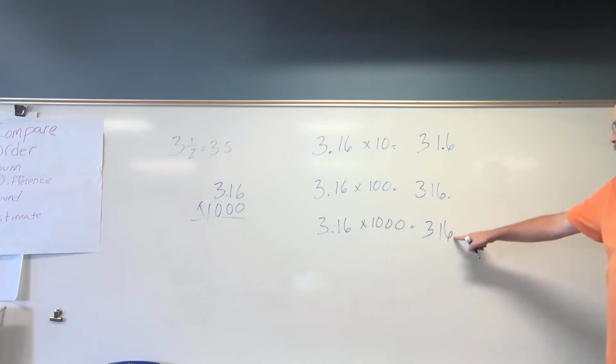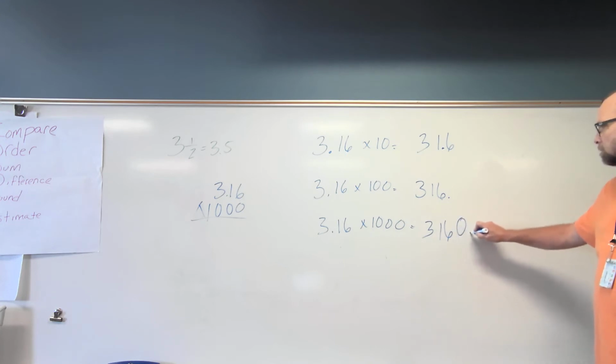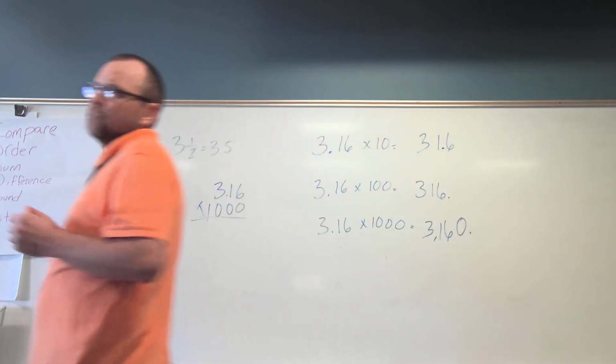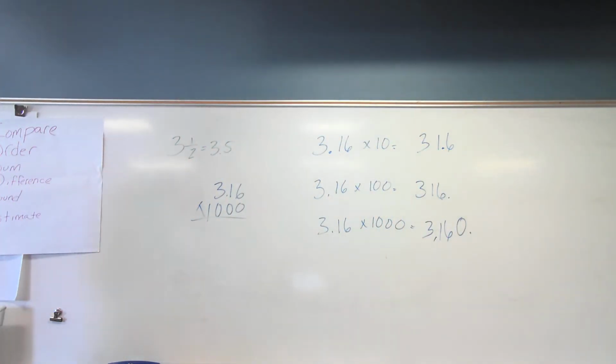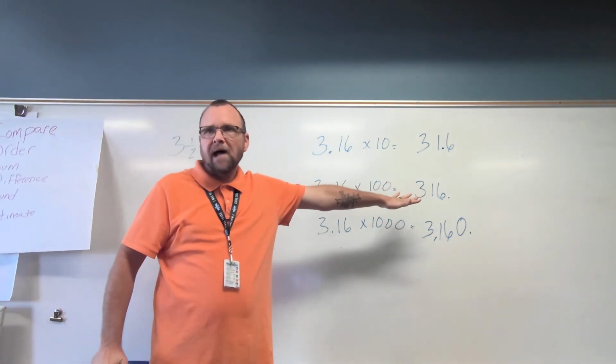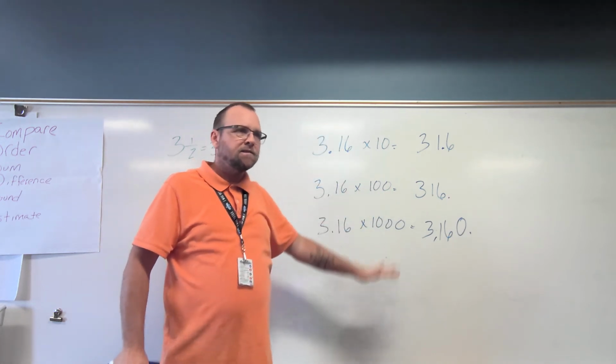Once, twice, 3 times, which means I have to add a 0 there. And so what is that number? 3,160. The numbers stay the same. I may need to add zeros at the back, but the numbers stay the same.